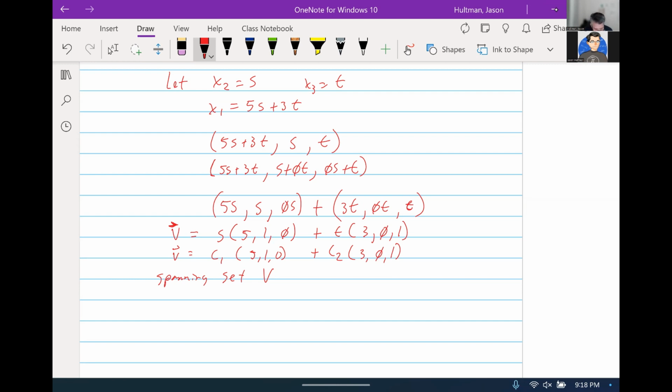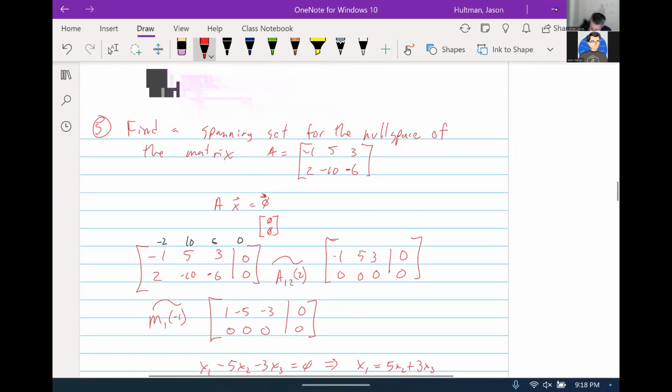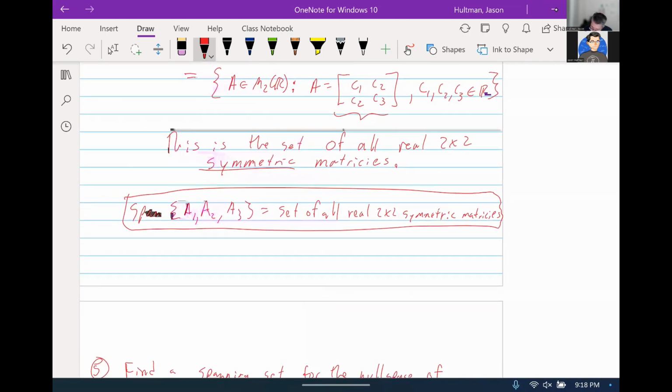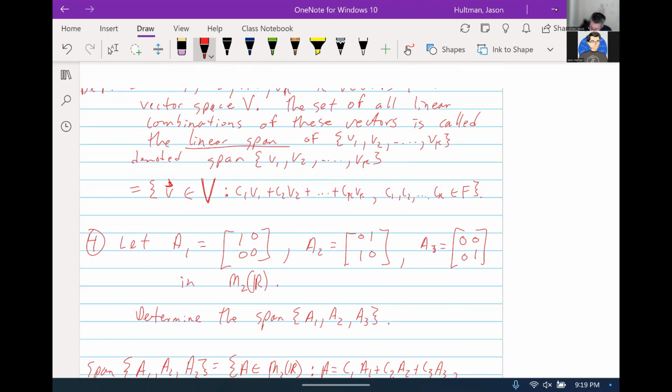But this spanning set V was equal to C1 V1 plus C2 V2. And we're going to rewrite this in terms of the span. It's the span, go back to the definition, the span of V1, V2, all the way to VK. That's the linear span.